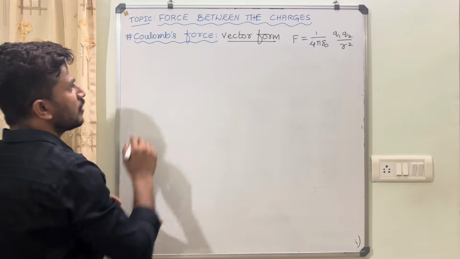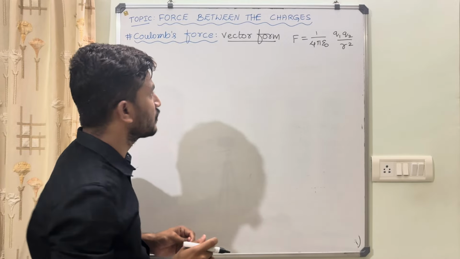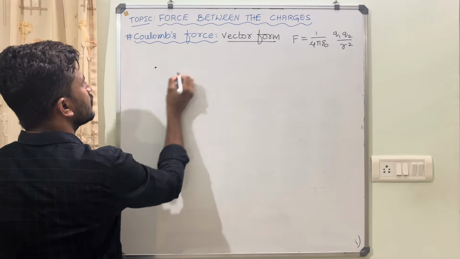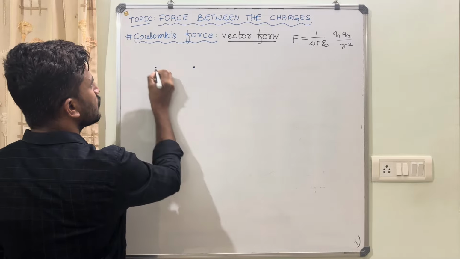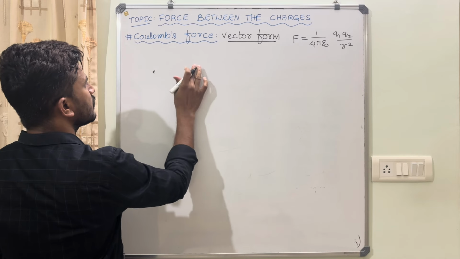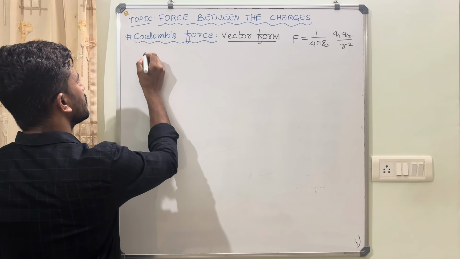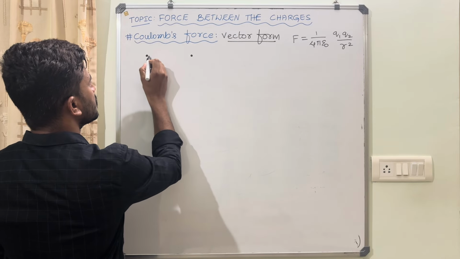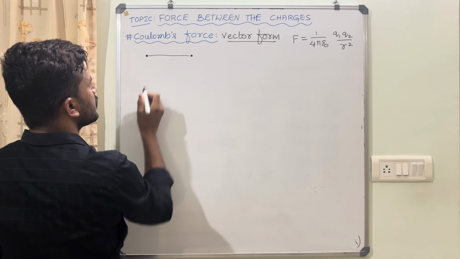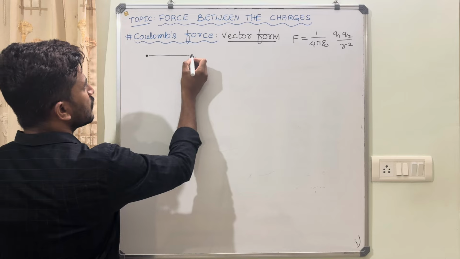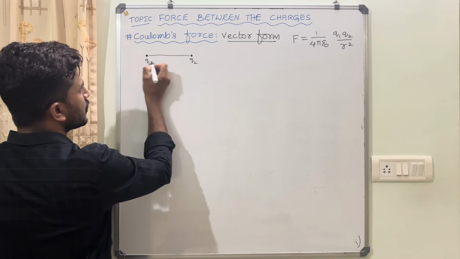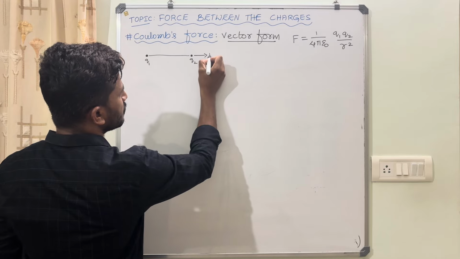Now, let us consider how to write the Coulomb force in vector form. There are two charges. Let me utilize the complete space possible. Let's consider the force acting on the second charge due to the first charge is outwards.